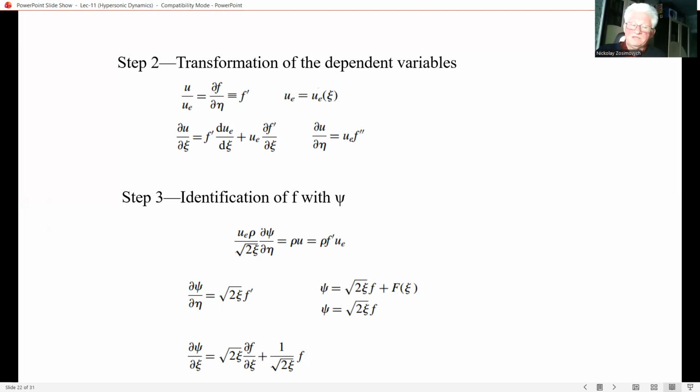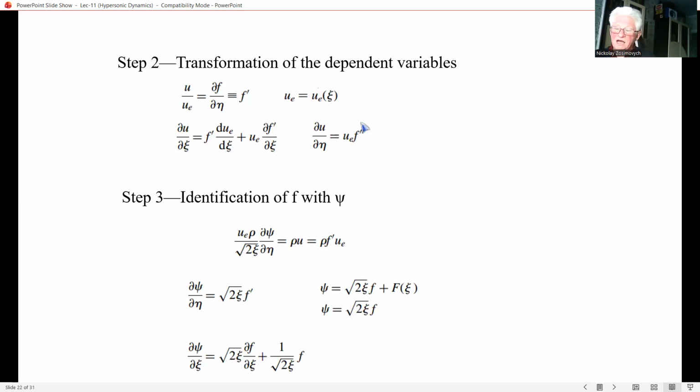Recalling that the velocity at the edge of the boundary layer is a function of x, and here a function of zeta only, that is, we may rewrite that u_e is a function of zeta. And we can write the next expressions you can see here.